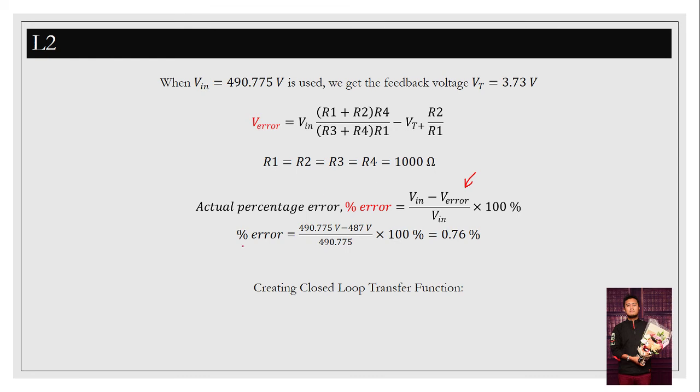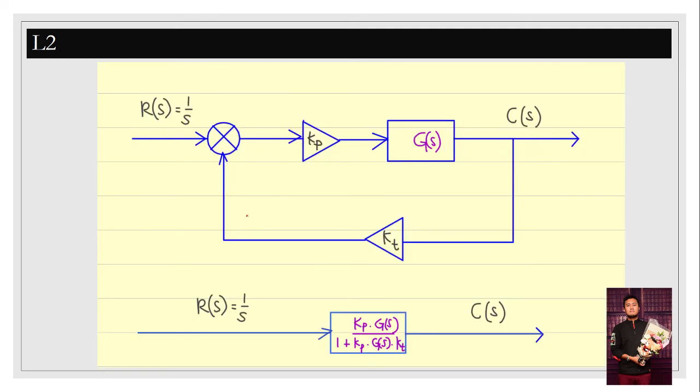Now from the model of L2 we saw just now, we are going to create the closed loop transfer function Ts. So with Kp here, Kt, Gs, and the summing junction, we can reduce this with the block reduction diagram technique.